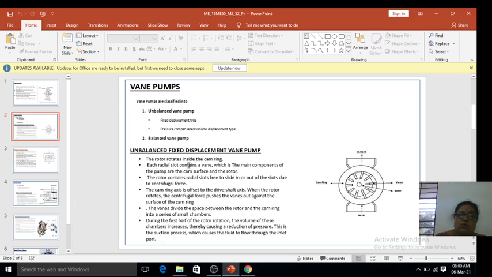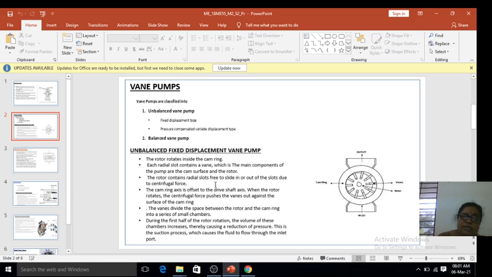Here the rotor rotates inside the cam ring, and it consists of radial slots, each containing a vane. The vane is the main component of the pump, between the cam surface and the rotor.